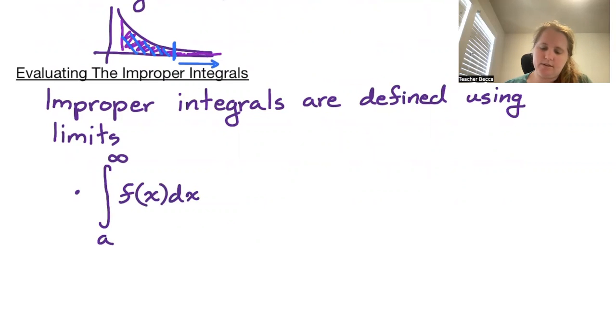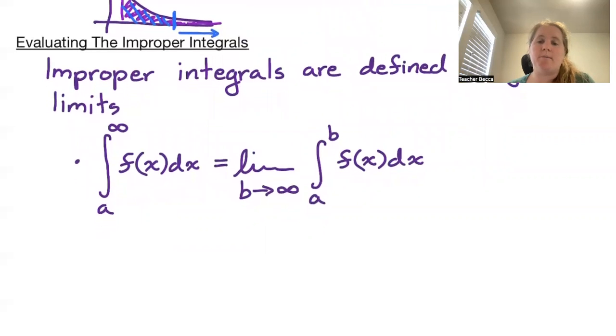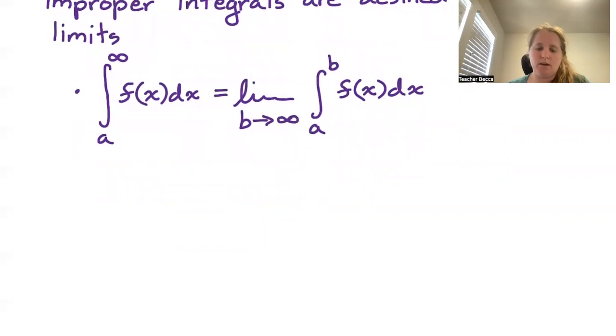And this is defined as the limit as b goes to infinity of the definite integral from a to b of f of x dx. So essentially we're picking finite bounds for that upper bound and just letting that finite bound get larger and larger and larger to evaluate what that improper integral is.